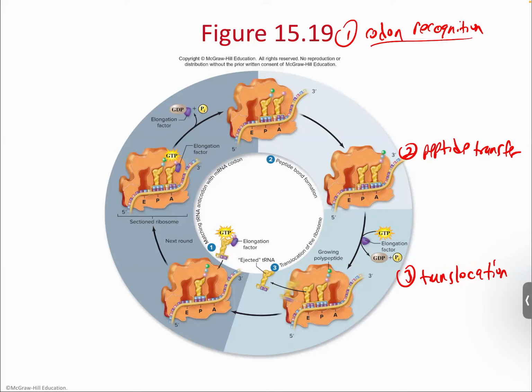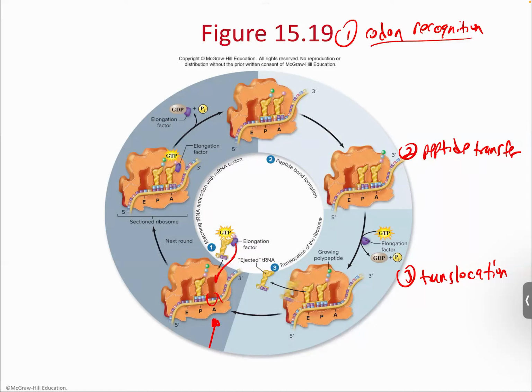If we take a look at codon recognition, we're going to start down here. In codon recognition, you notice you've got an empty A site at this particular point. What's going to happen is your elongation factor is going to be bringing in the correct tRNA and pairing it up with that codon, right? That's the codon recognition piece, where the tRNA and the mRNA meet each other.